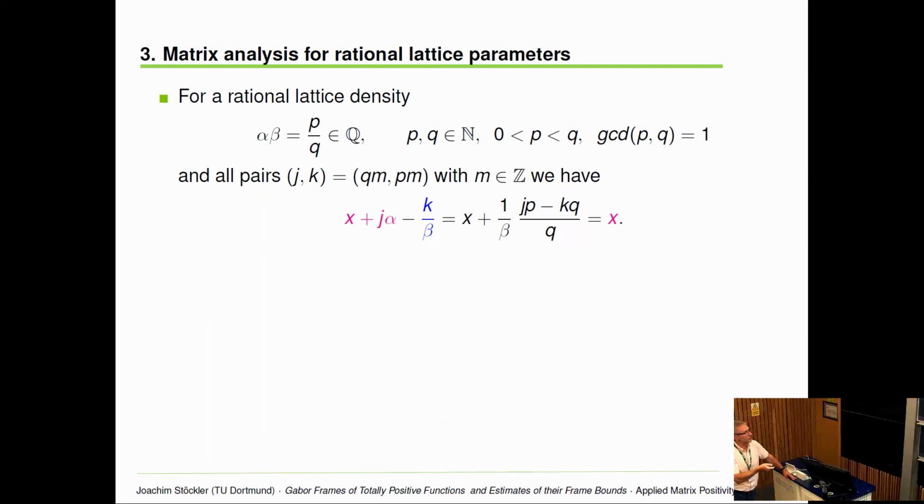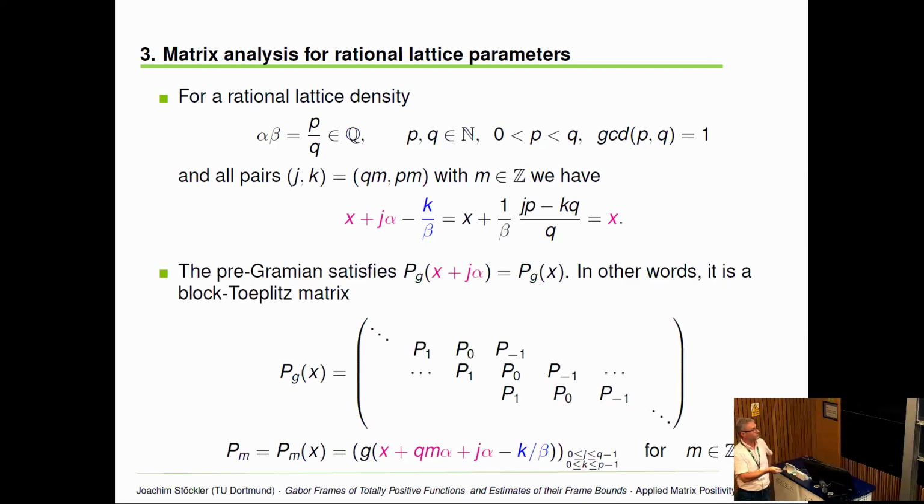You have a very simple relation explaining some periodicity in your Ron-Shen matrix, because x plus j alpha beta is the same as this, and this numerator here is 0 if j, k are of this form: k is q times m, j is p times m, with m in Z. So you see immediately that your Ron-Shen matrix is a bi-infinite block Toeplitz matrix with diagonal blocks P0, which consists of g(x plus j alpha minus k over beta), but j and k only run over some finite sets, from 0 to q minus 1 and from 0 to p minus 1.